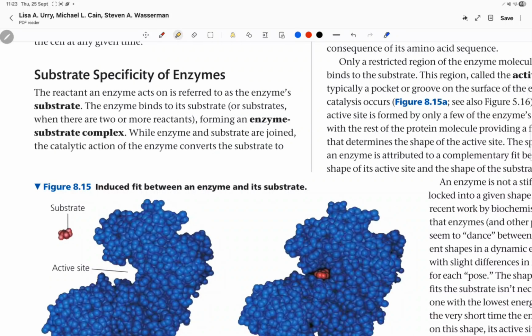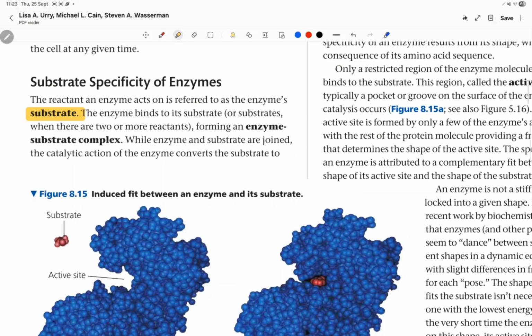Every enzyme is going to be specific. Only one substance can bind to the enzyme. That's called a substrate. The substrate of one enzyme cannot bind to a different enzyme. Each enzyme has its own substrate. Once they bind to each other, you get the enzyme-substrate complex, and now the reaction starts to happen to make the substrate into something else.